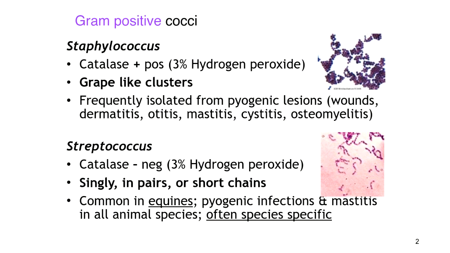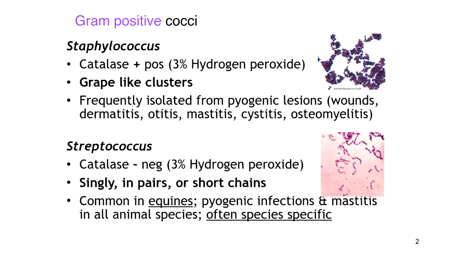And you may want to practice saying those words with me as we go through the PowerPoint. So Staphylococcus, catalase positive, that hydrogen peroxide test will bubble, and it is grape-like clusters. Streptococcus, on the other hand, is catalase negative.